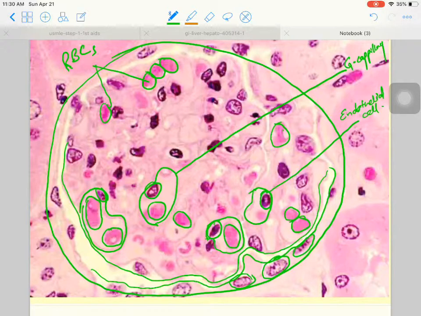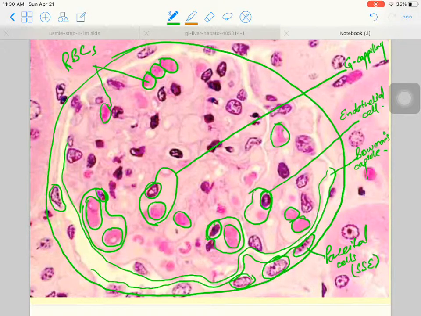Parietal cells are a simple squamous epithelium of the Bowman's capsule. And here is the Bowman's space, Bowman's capsule or Bowman's space.